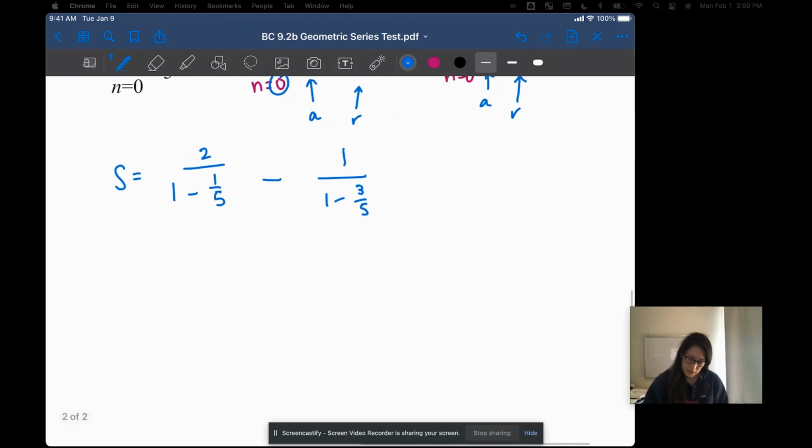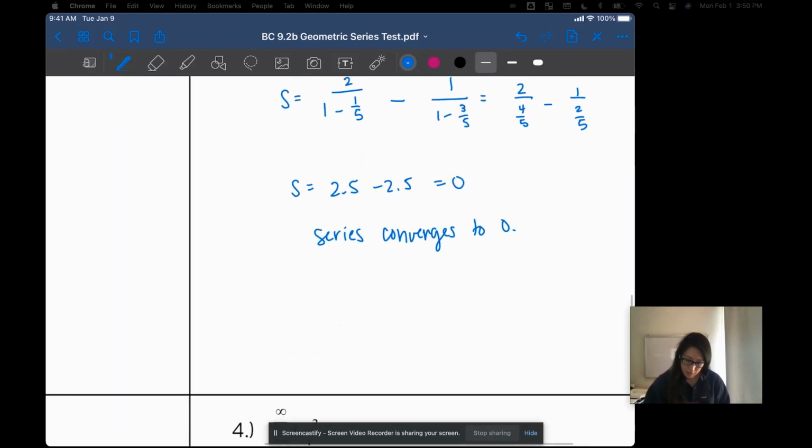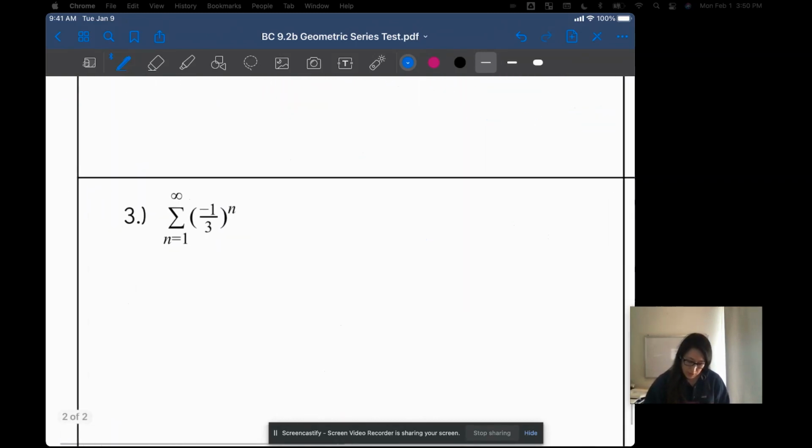So we get 2 over 4/5 minus 1 over 2/5. And when I calculate that out, I get s is equal to 2.5 minus 2.5, which is equal to 0. Yeah, series converges to 0. So it's just basically going to add to 0. Wow. All right, let's do another one.